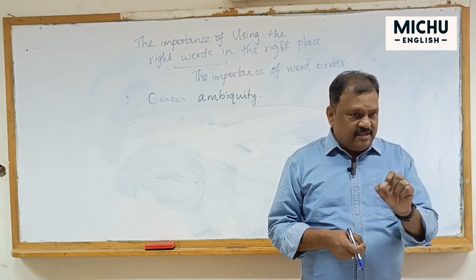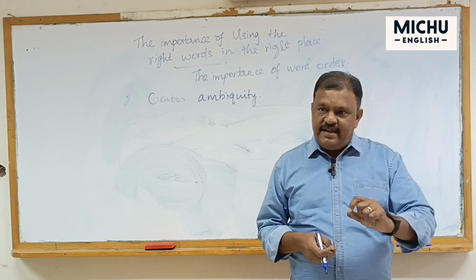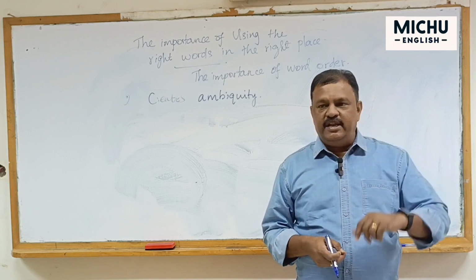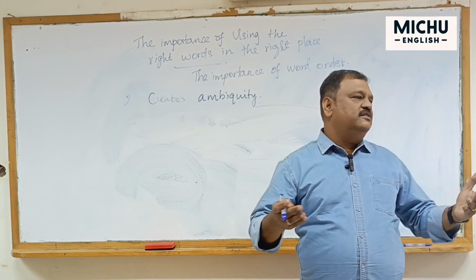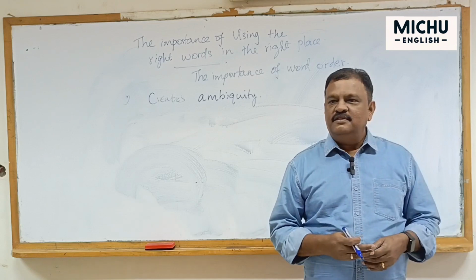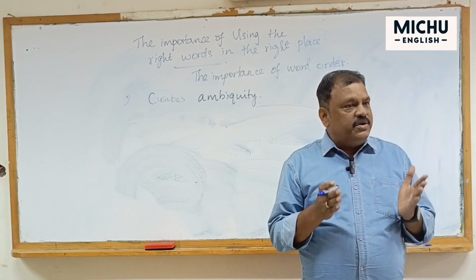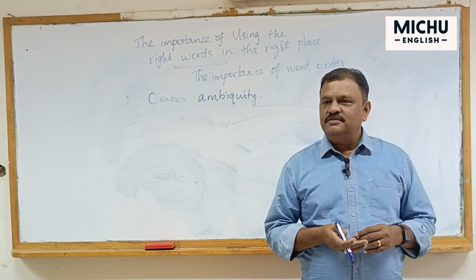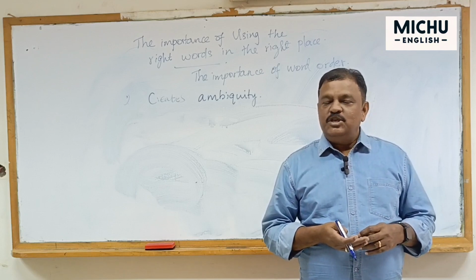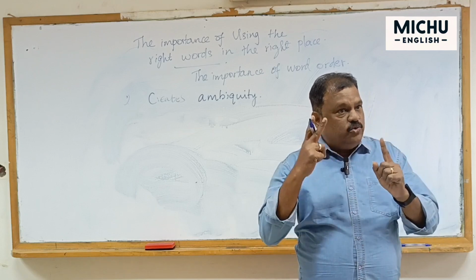You are writing something. Imagine your writing can mean two different meanings. Which one will your reader take? Which meaning do you want your reader to understand? Your writing should have one meaning or two meanings.